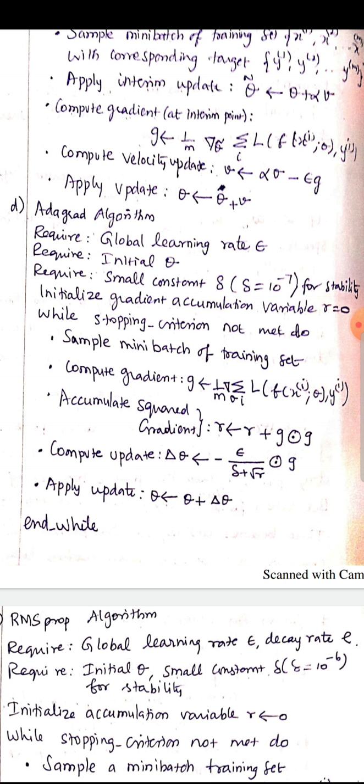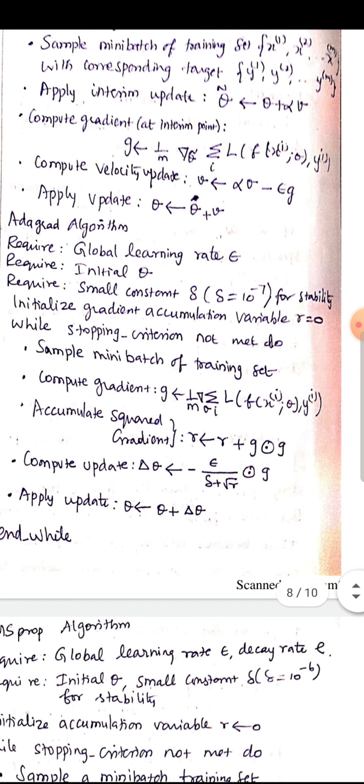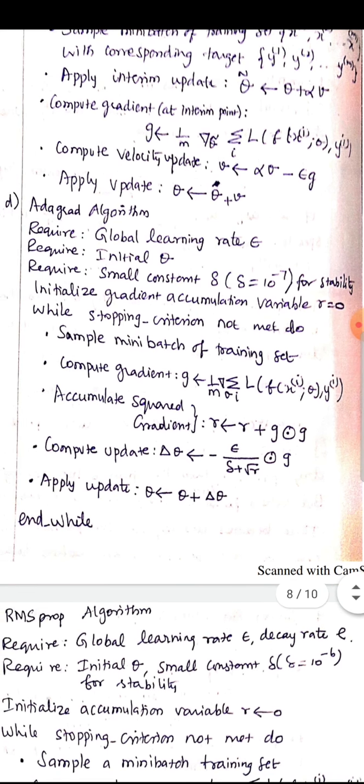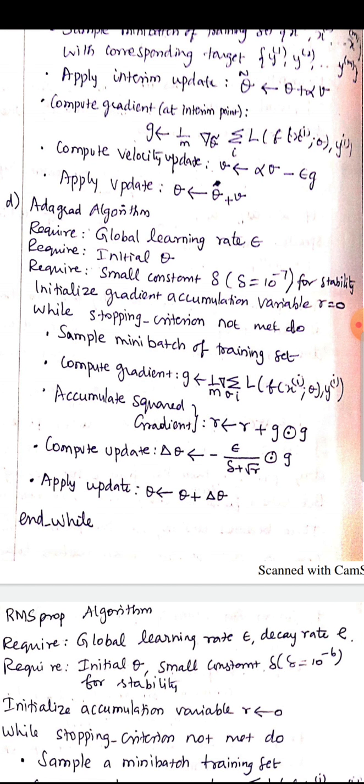And the initial theta is required to minimize your cost function. And what else we require is a small constant delta. Normally this delta value is assumed to be 10 power minus 7 for ensuring the stability of your convergence. And we initialize the gradient accumulation variable r equal to 0.